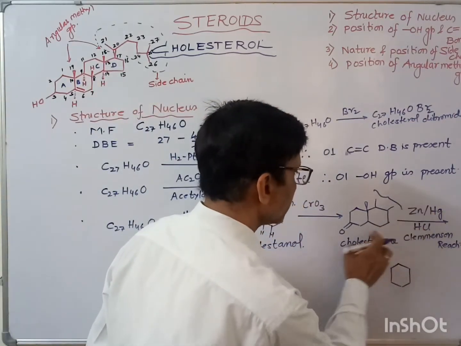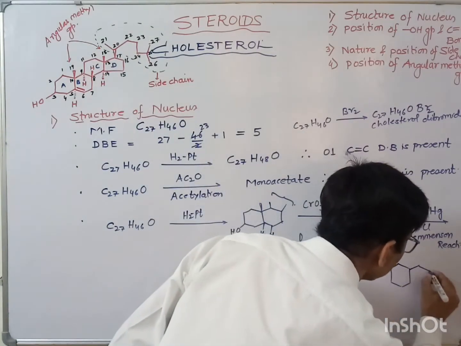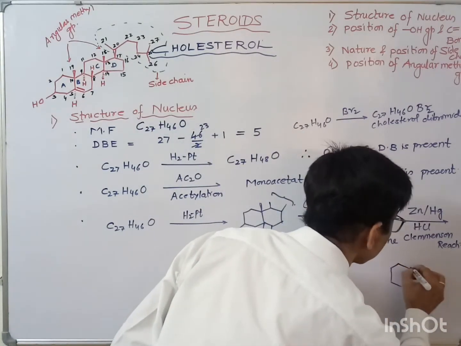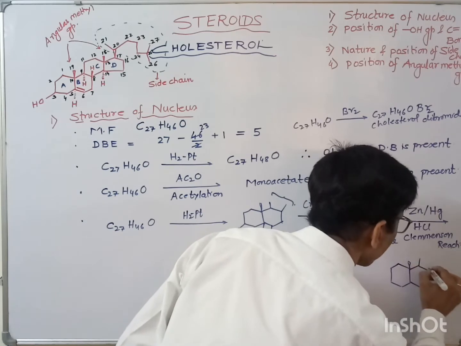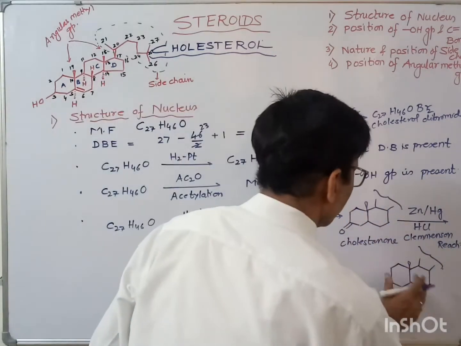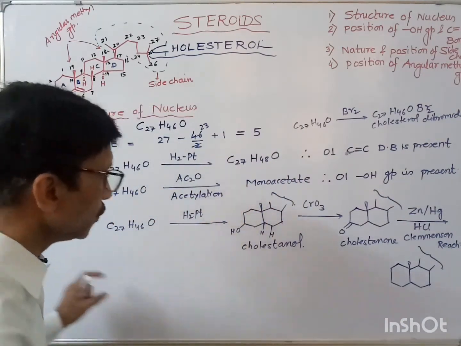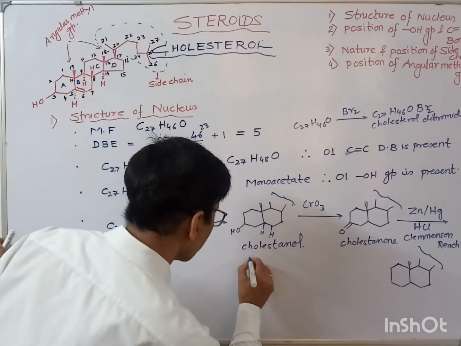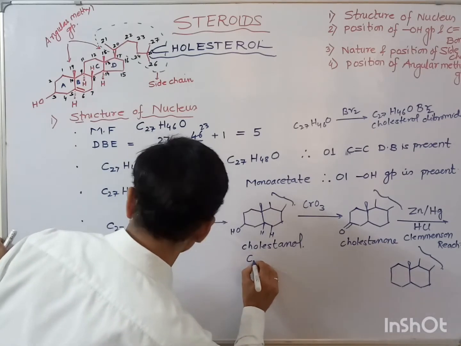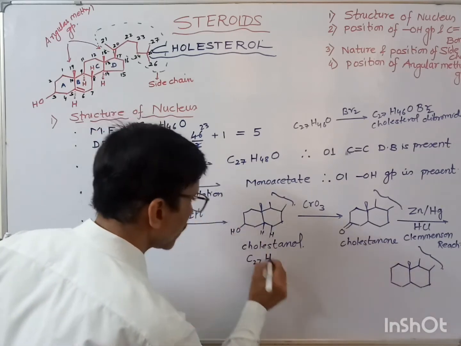Okay, after the Clemmensen reaction, CO is converted into CH2, and you will get this one. Now, if we see, this is C27H46O. The molecular formula for this cholestanol then becomes C27H48O, because two hydrogens are added.